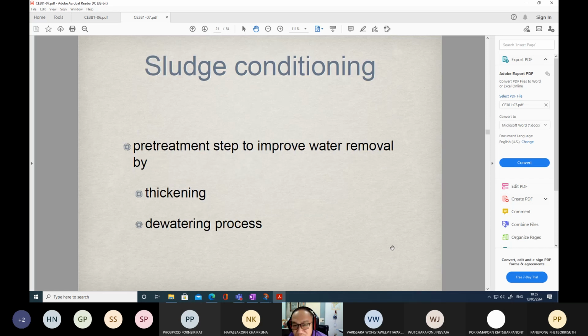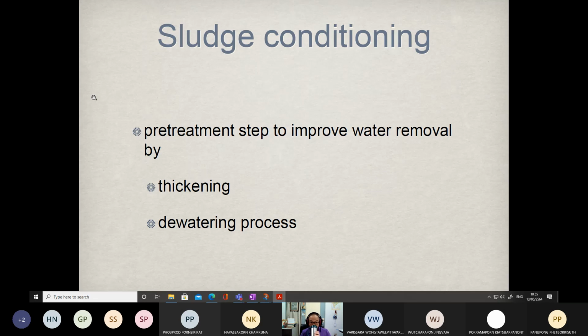Okay, now we move to the second process called sludge conditioning. Sludge conditioning is where we try to improve the sludge treatment's efficiency by maybe adding chemicals, or we try to improve the water removal process.